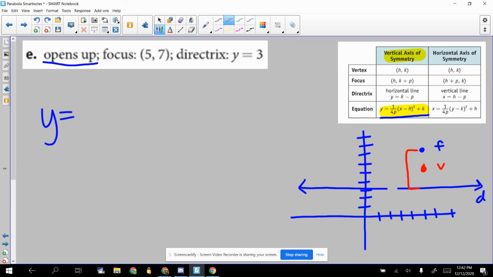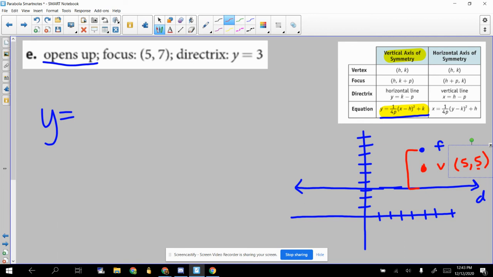All right, so now let's go ahead and figure out what that vertex point is. If the focus is at 5, 7, then this is going to be at 5, 5, because this y value, the 5, is right in between 7 and 3, so we're good to go.